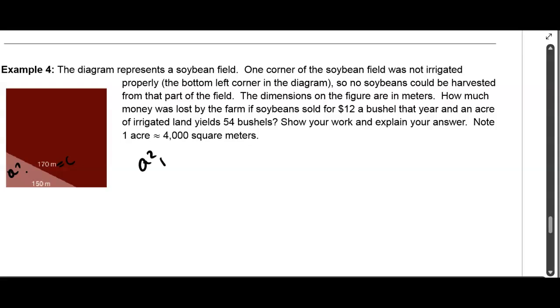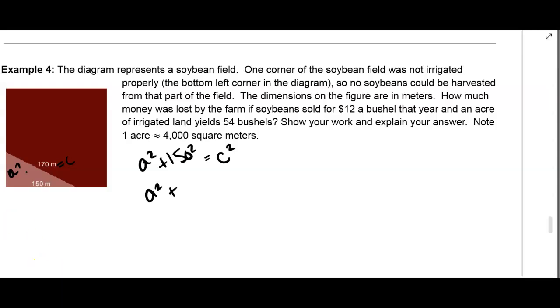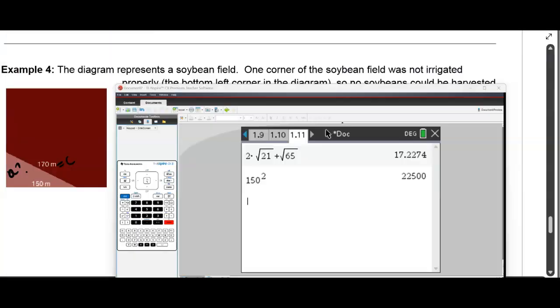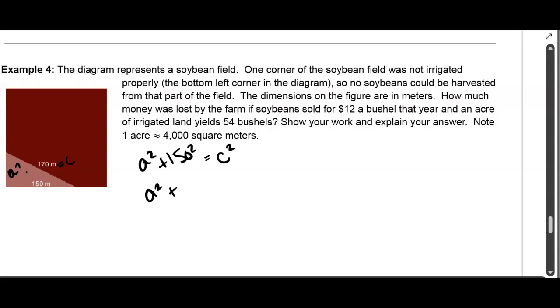So A squared plus 150 squared equals C squared. A squared plus, I actually don't know what 150 squared is, so, or actually, 22500. 150 squared, 22500. 22500 equal to, oh, let's not put C squared, we know what that is.